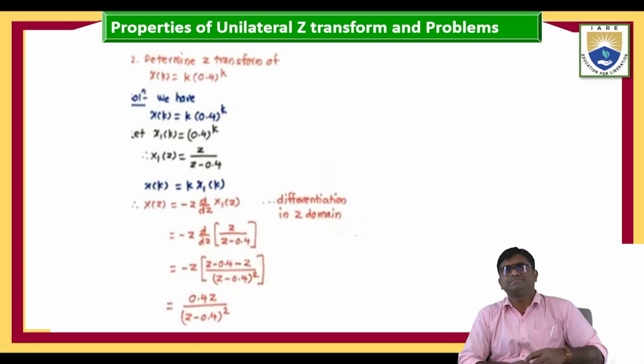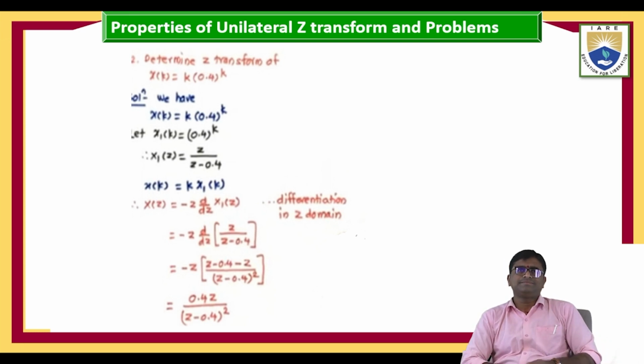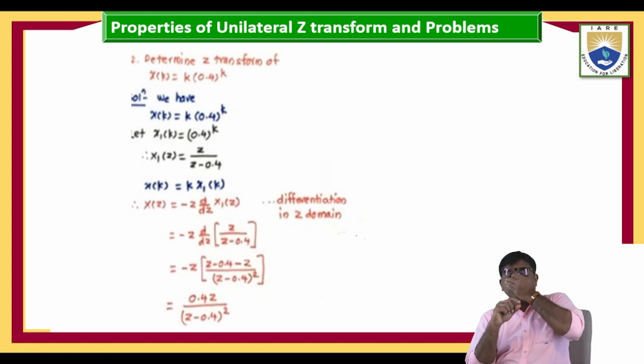Coming to another one, the differentiation property. See this one: x of k equals k into 0.5 to the power k. For this one, what is the z transform?